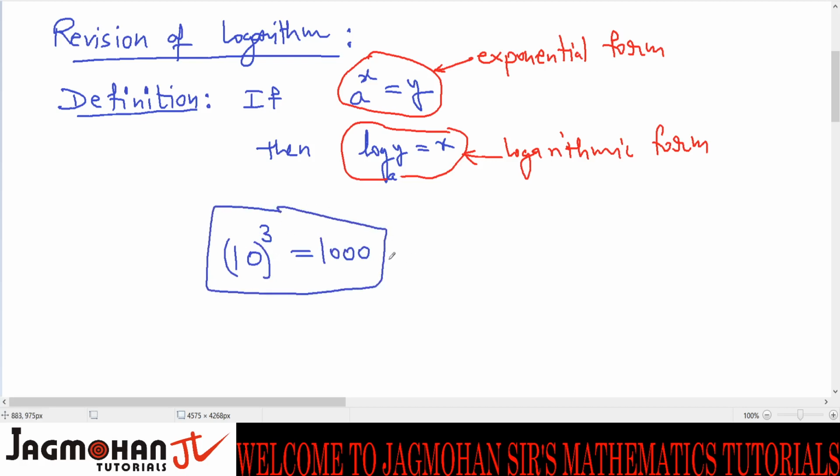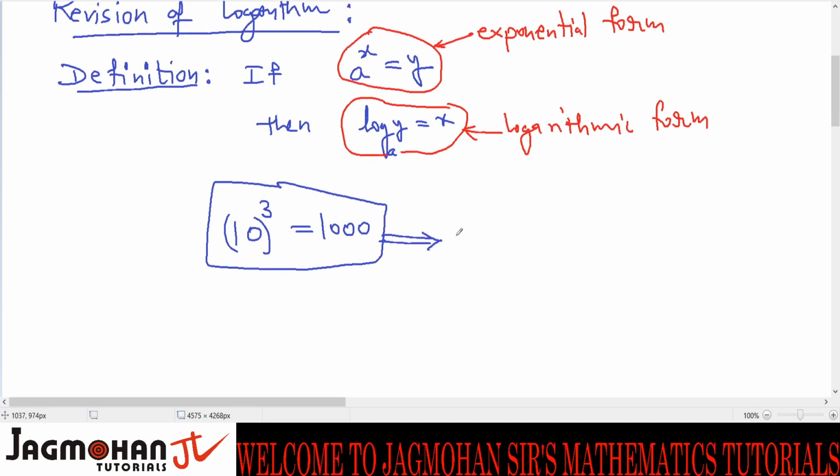From this exponential form, you can write logarithmic form as log of 1000 to the base 10 equals 3.